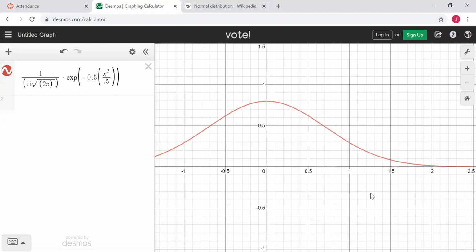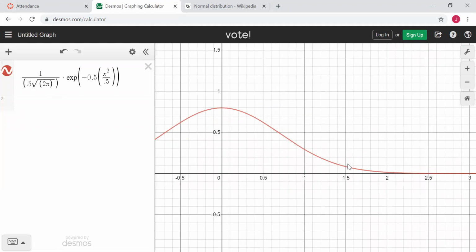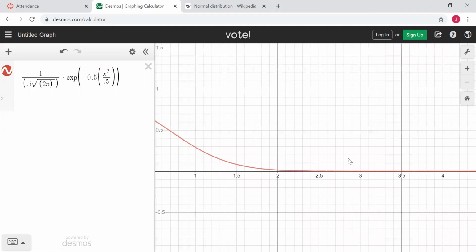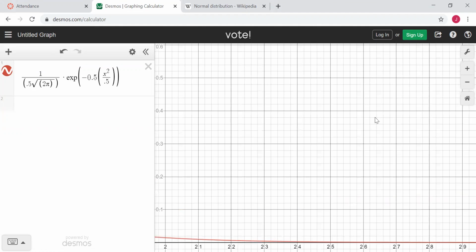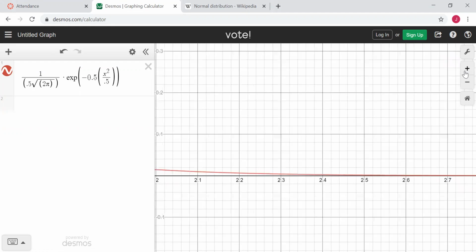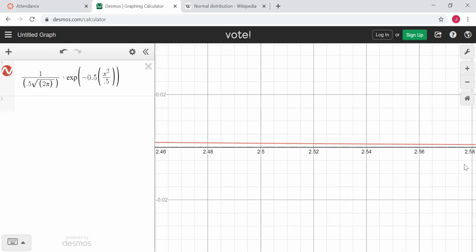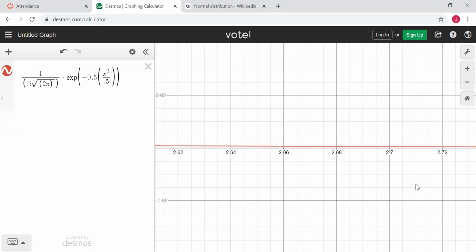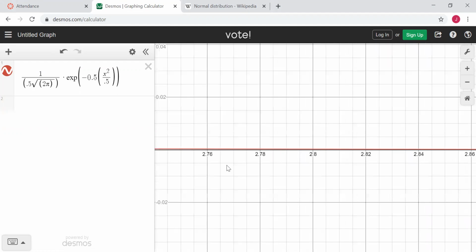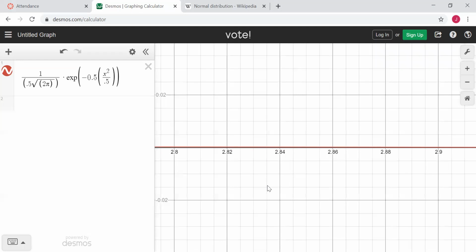But what you can see is that if you go to the right, it looks like, oh man, this thing touches the x-axis. Oh, actually, it doesn't. If you zoom way the heck in, you'll notice that it's going to get closer and closer to the x-axis. It's trying to approach it. It can get really close, but it'll never quite touch it. Now, the problem is technology is only so good. There's only so many pixels on a computer screen, so it's going to look like it's touching it.